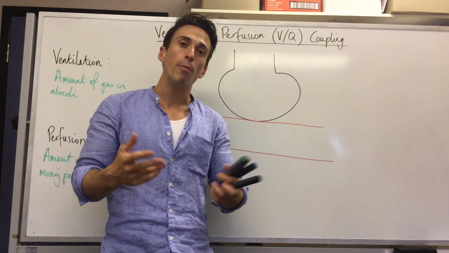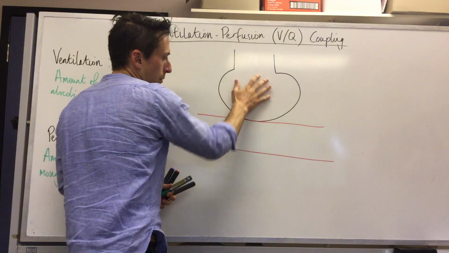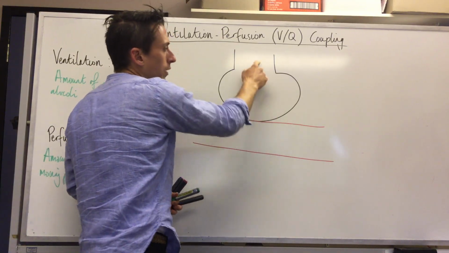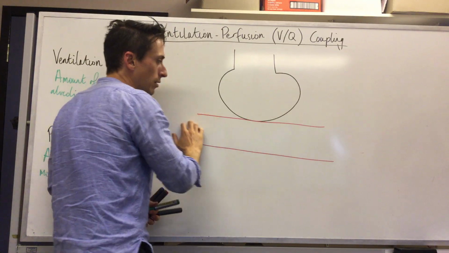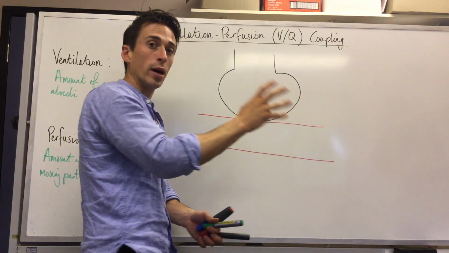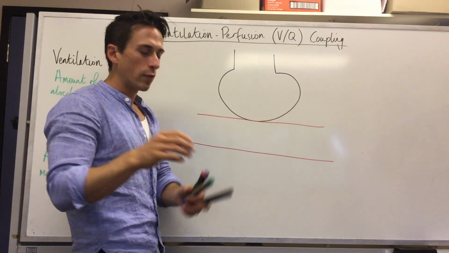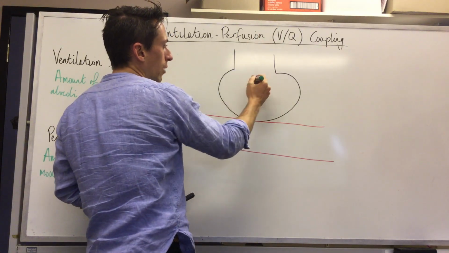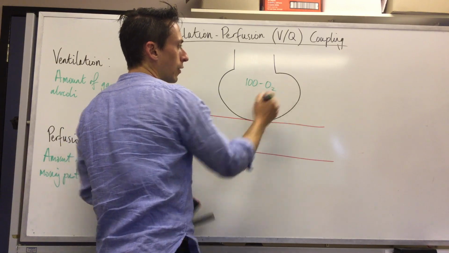It's called coupling or matching because we want there to be a near perfect match, meaning of the gas that comes into the alveoli, we want there to be enough blood to go past that can take that gas away or to give the carbon dioxide away. So let me give you a nice example. Let's just say we inspire some air and we have in that inspired air 100 units of oxygen.